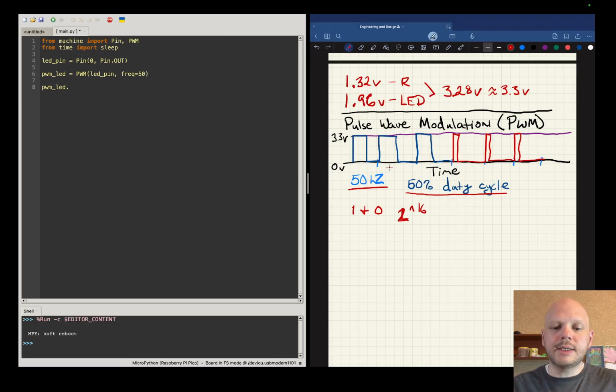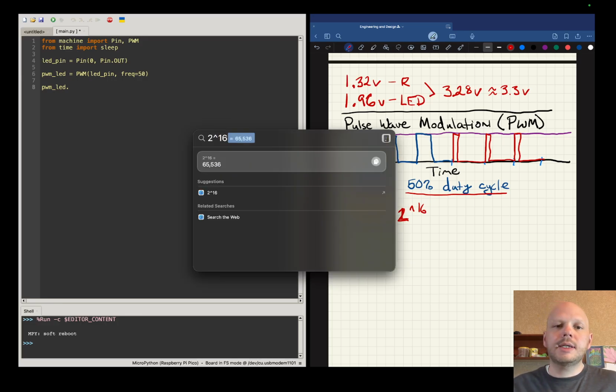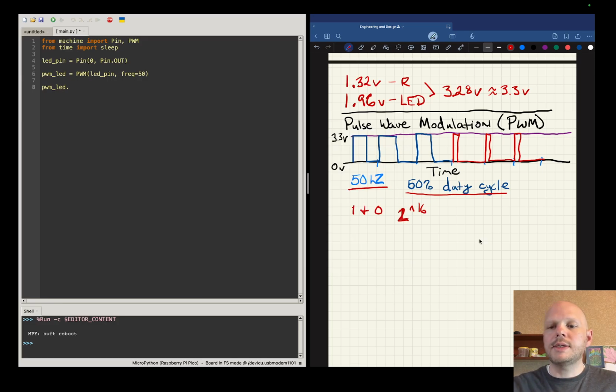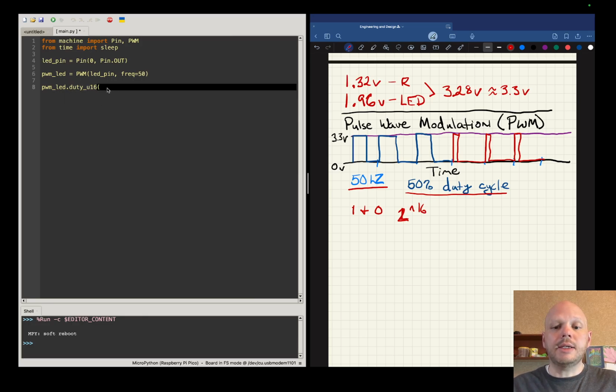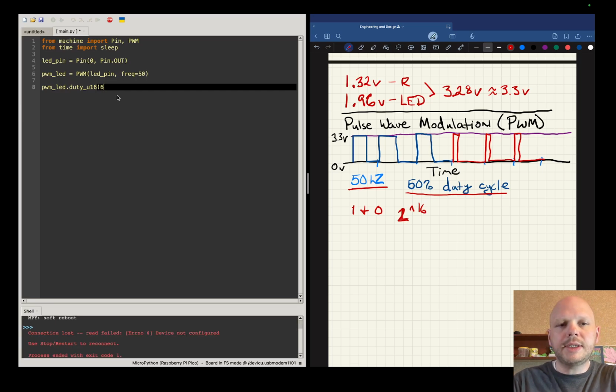So 2 raised to the 16th power is 65,536. But because it is 0 inclusive, it goes from 0 to 65,535. So if I want to make my LED be on the entire time, then I'm going to do 65,535.